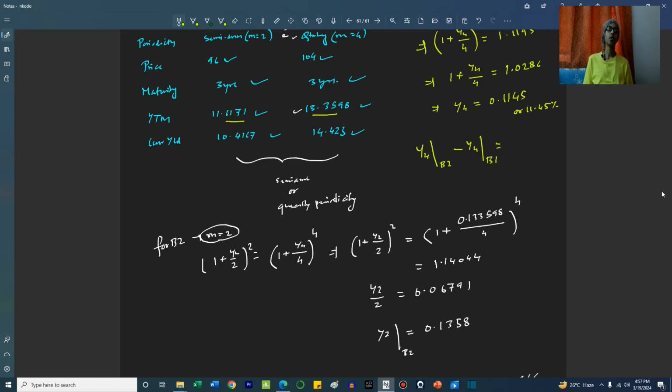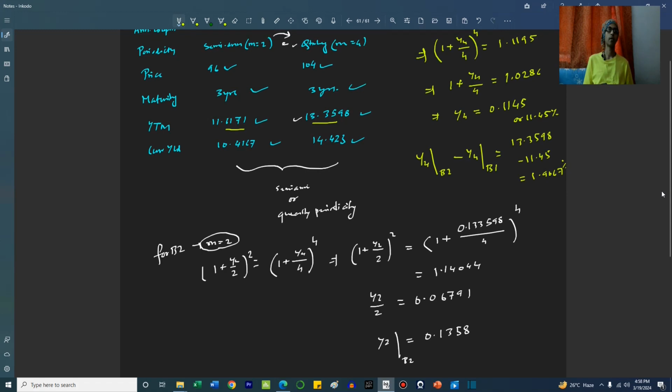This is equal to 13.3598 minus 11.45, 1.9067% or 191 BPS. So in quarterly terms, this is the payment that is being made by B2 to compensate for the higher risk.